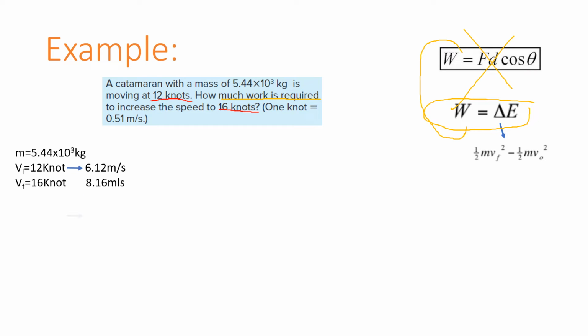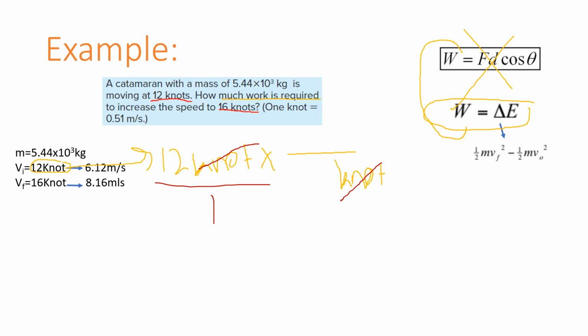To convert to an SI unit, we take 12 knots and multiply it. Sorry, my handwriting is really bad. If we put knots in the denominator, it will cancel, because the top and bottom cancel, and we want the unit to be meters per second, which is the velocity.